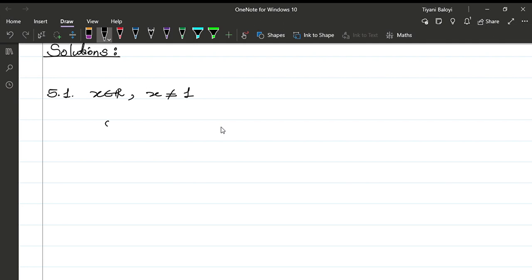Or we can write x is an element of negative infinity to 1, union, which is also OR, 1 to positive infinity. That's fine.